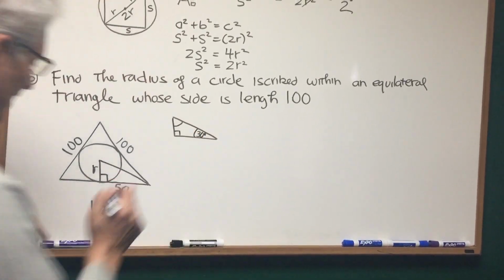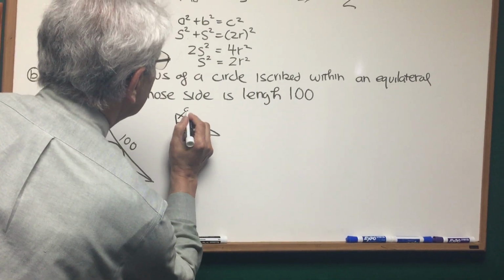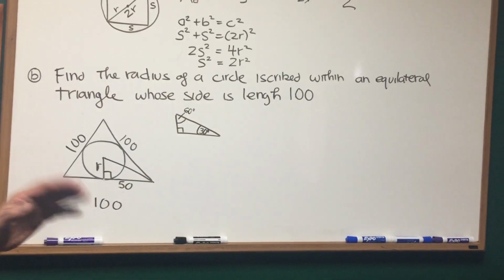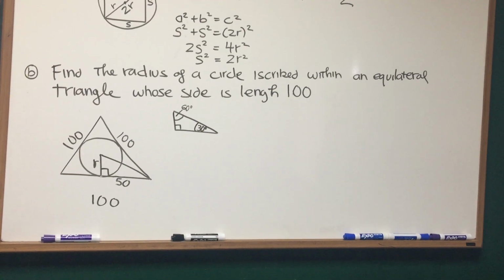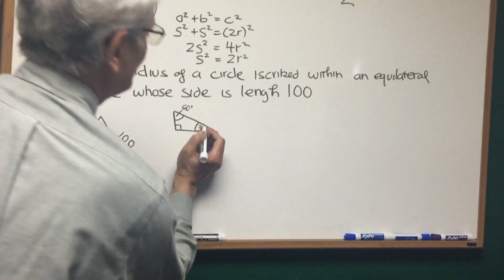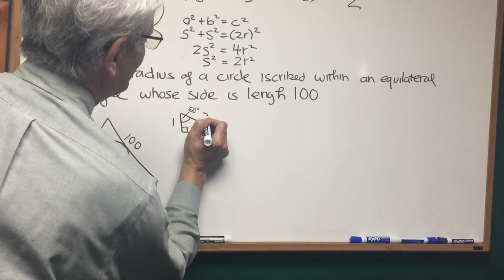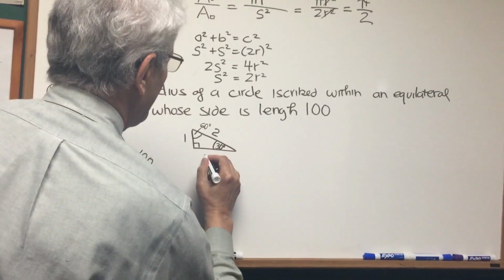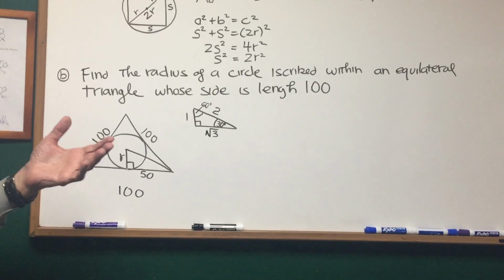The bottom angle is a perpendicular that I dropped, and this angle here is 60 degrees. So I'm looking at a 30, 60, 90 degree triangle. And I should know what the ratio of sides is for a 30, 60, 90 triangle. The side opposite 30 we'll call 1, the hypotenuse is 2, and the remaining side opposite the 60 degrees is the square root of 3. That's all I need to know.